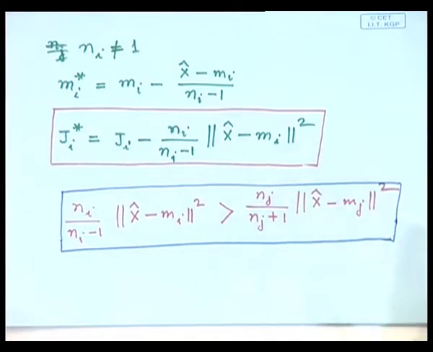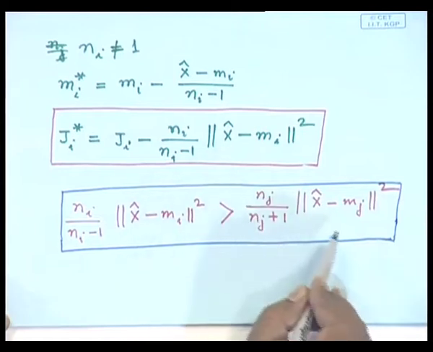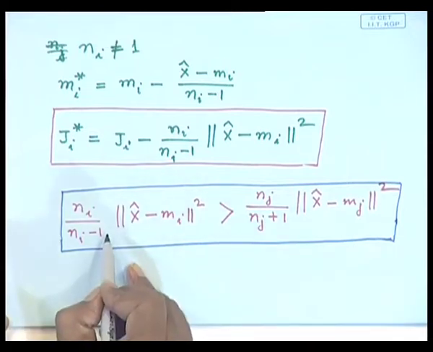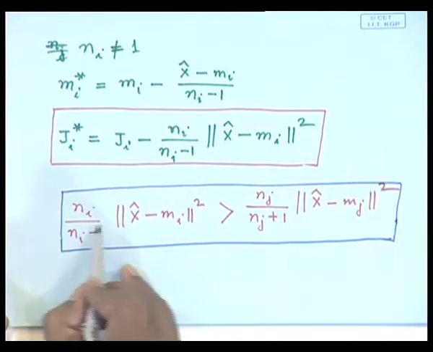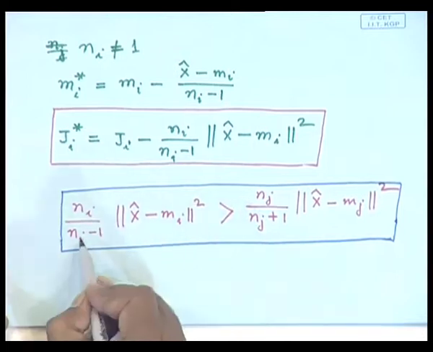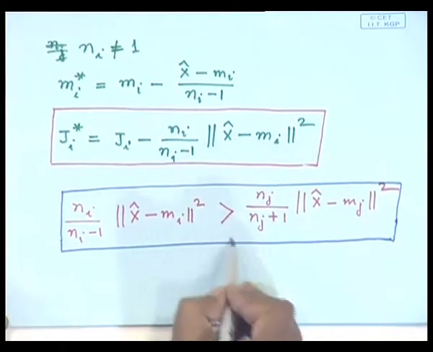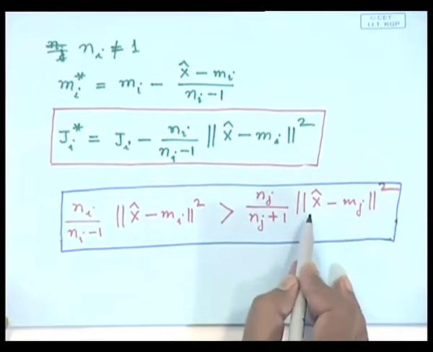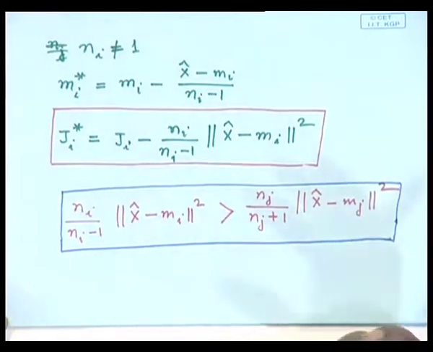So, what I have to do is compute this value for all those jth clusters which are not the ith cluster. For all values of j not equal to i I have to compute this value, and because this is the amount of increase, naturally I should select that particular cluster where the increase is minimum.